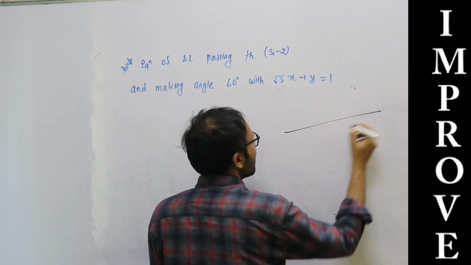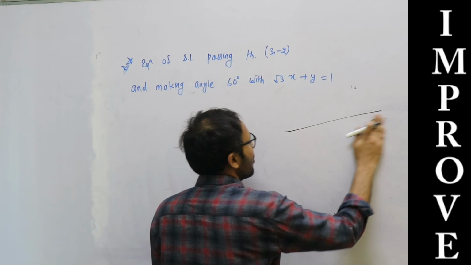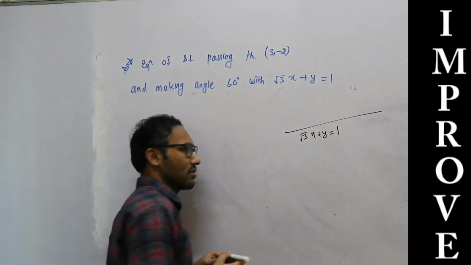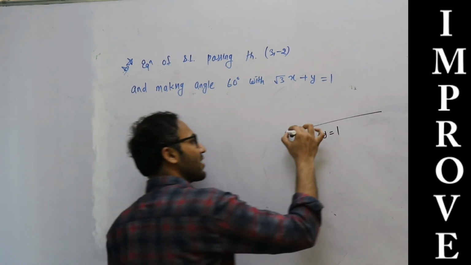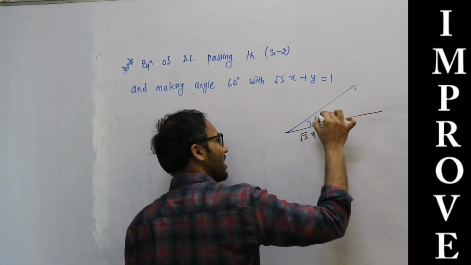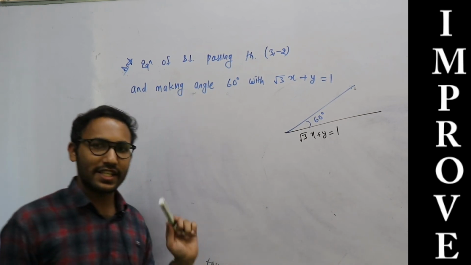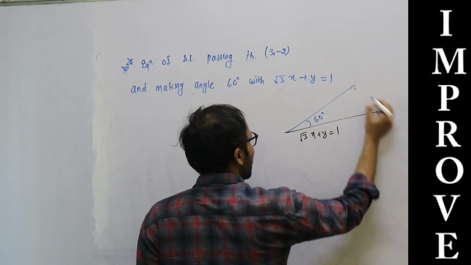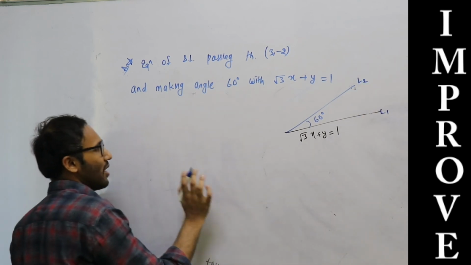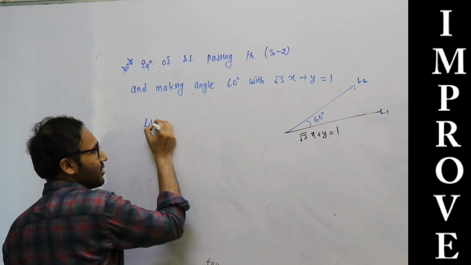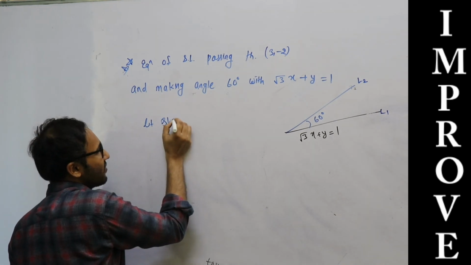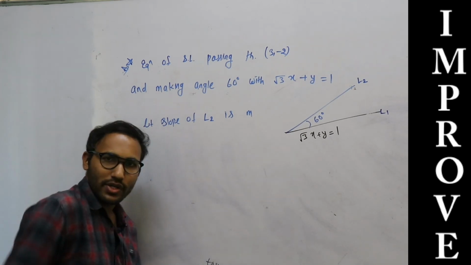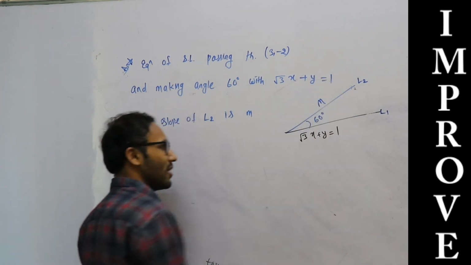Suppose this is your line having the equation root 3x plus y is equal to 1, and you have to find the equation of the line which is making an angle of 60 degree with this line. L1 is here, L2 is here. Let the slope of L2 be m.